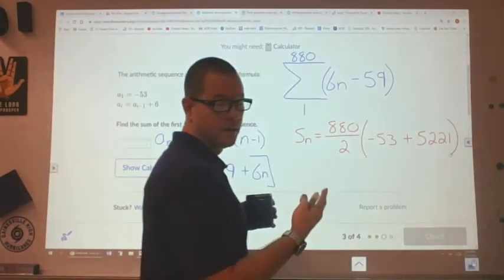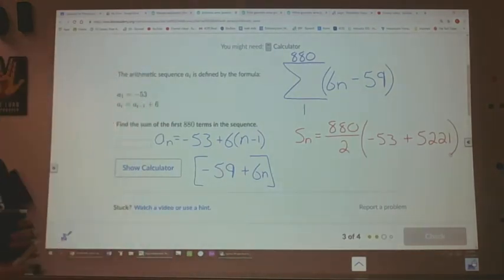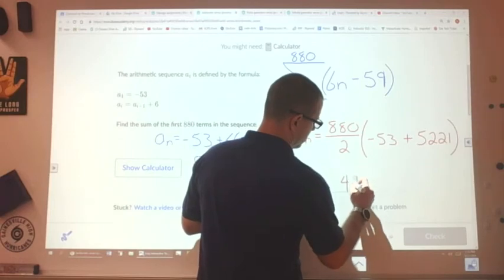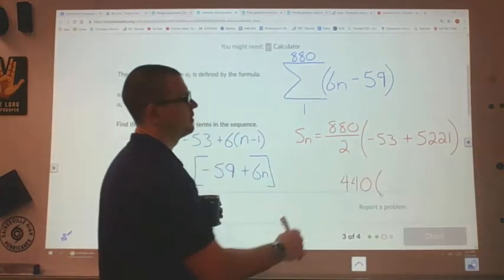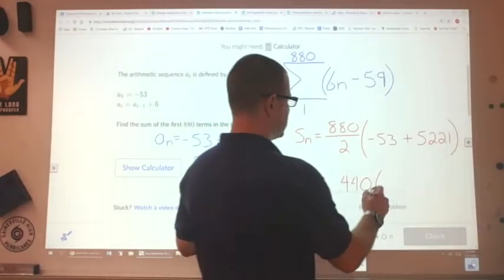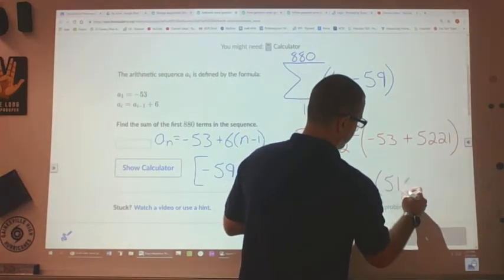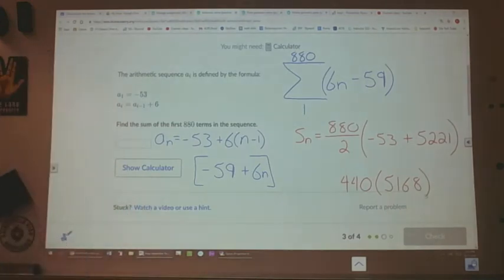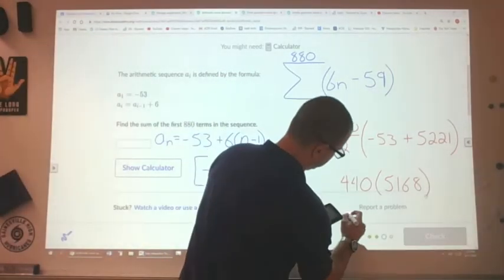Okay. And again, this is the boring part. We just do the addition. So 880 divided by 2 is 440. And then the negative 53 plus 5,221 is 5,168. So we multiply those together times 440, and we get 2,273,920.